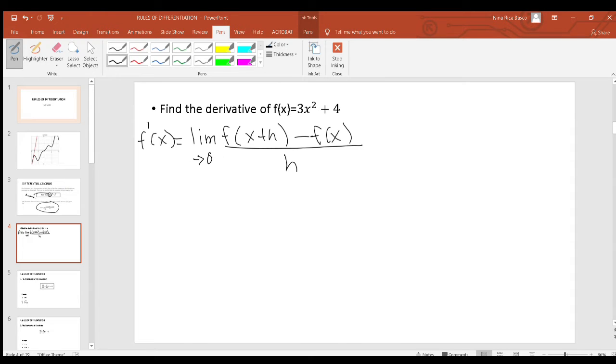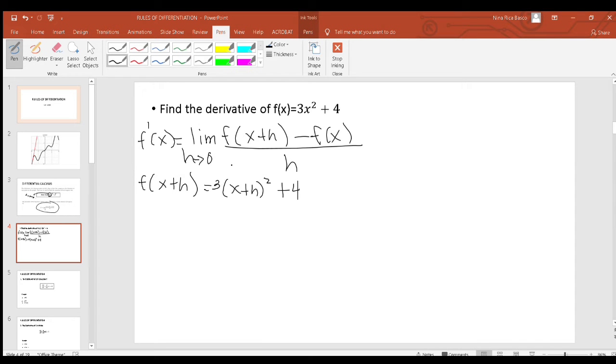Then let's find first the f of x plus h. The f of x plus h is equals to, let's substitute x plus h sa function natin na 3x squared plus 4. X plus h squared plus 4.